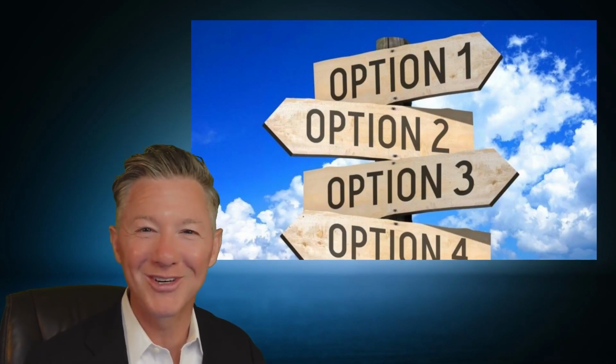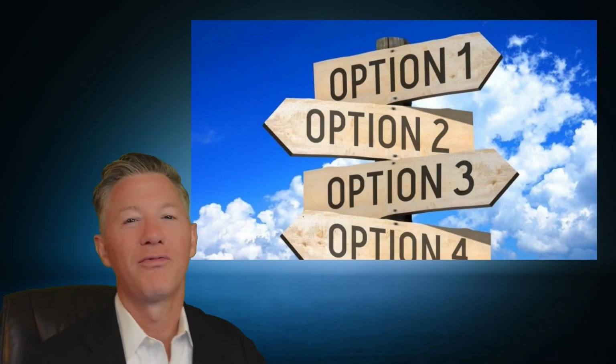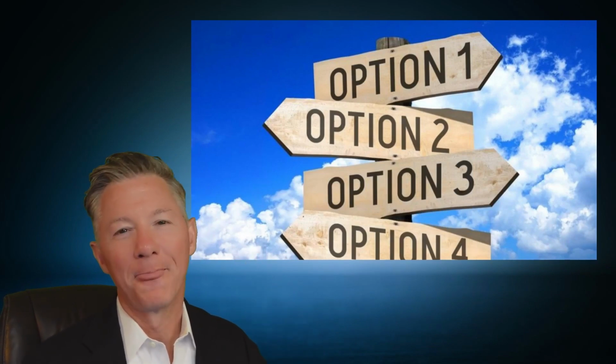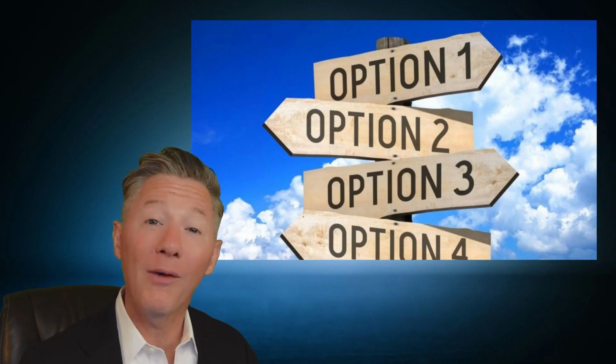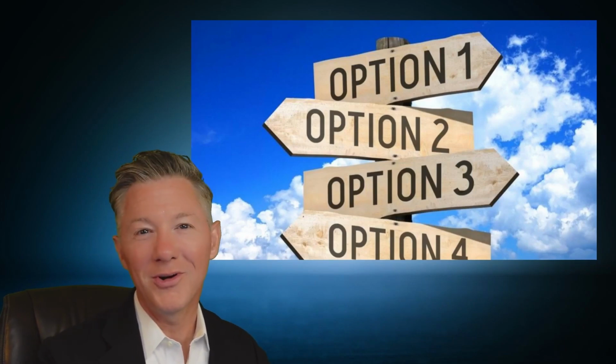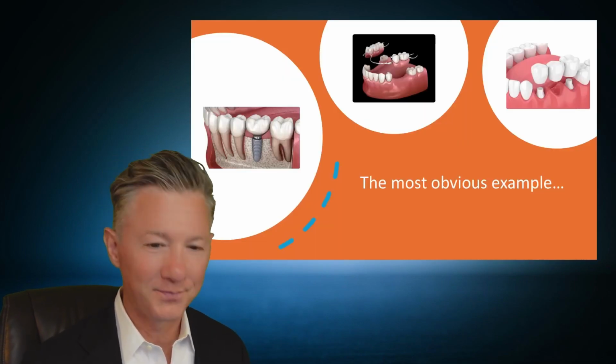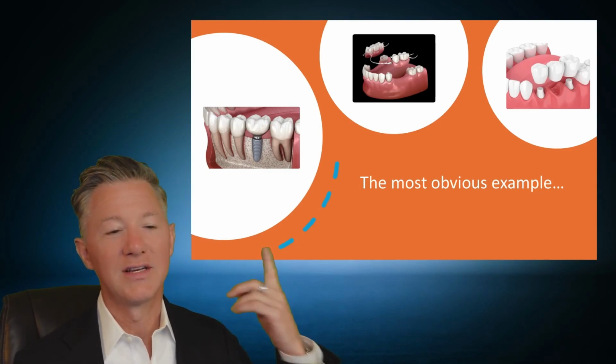What are the exact words to say so that you too can get the patient narrowed down to one option before they get to the treatment planner, the treatment coordinator, and then that way you make life a lot simpler, both for you, for the patient, for the treatment coordinator, and you're going to increase your case acceptance this way, I guarantee it.